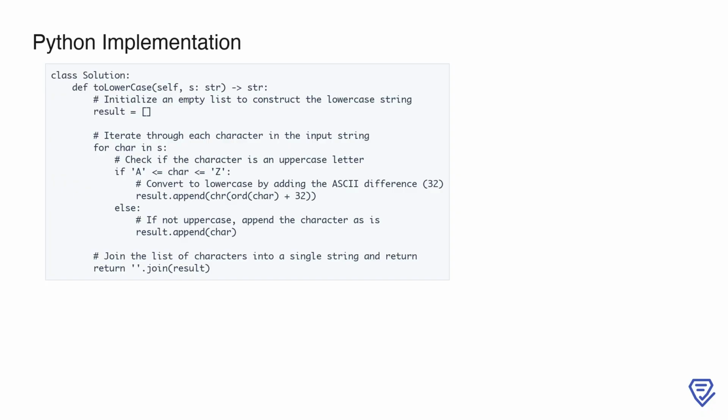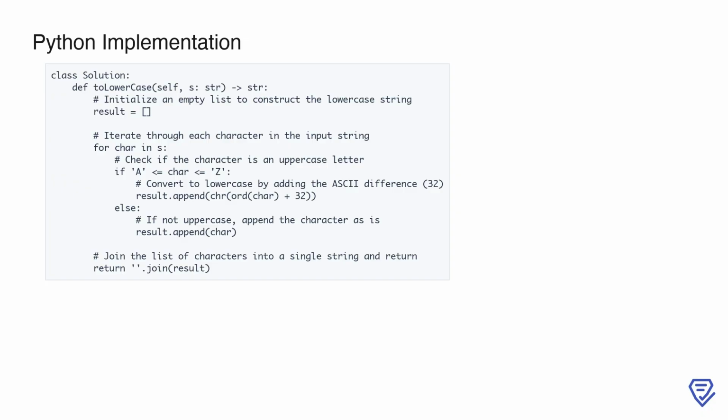If the character is not uppercase, e.g., a lowercase letter, space, or other symbols, it is directly appended to the result list without modification. 4. Result construction. After processing all characters, the list result is joined into a single string using ''.join(result). This ensures that the final output is returned as a string, which matches the format of the input.